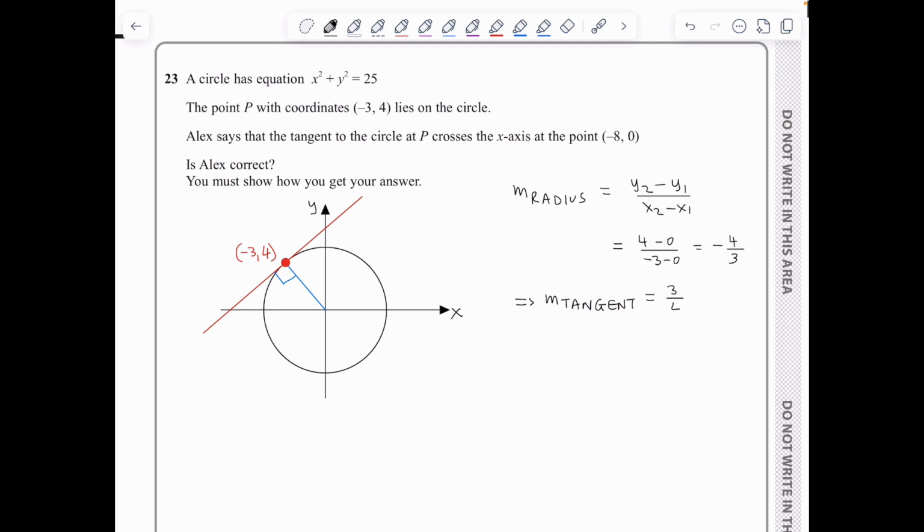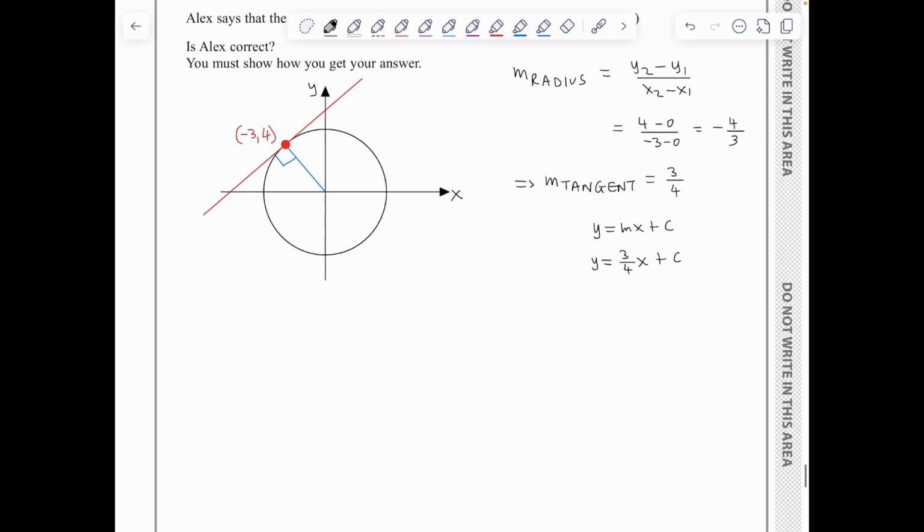And we know that we pass through the point (-3, 4), so I will proceed in finding the full equation of the straight line corresponding to the tangent. Starting with y = mx + c, we've got the gradient is 3/4, so y = (3/4)x + c, and we know that when x is -3, y is equal to 4.